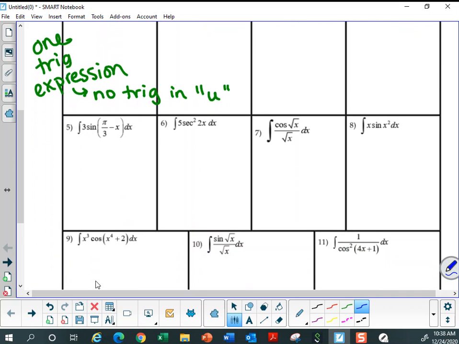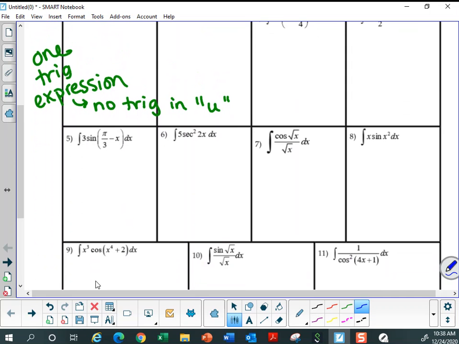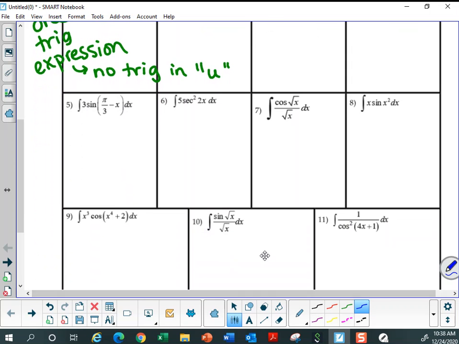Even down here to 9 and 10. Even though sometimes when you look at something like number 7, you might think, well, what the heck am I supposed to do? I only have one trig function. So u most likely needs to be the argument of that trig function.